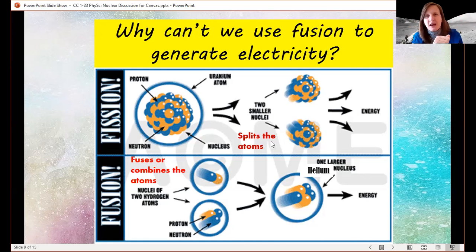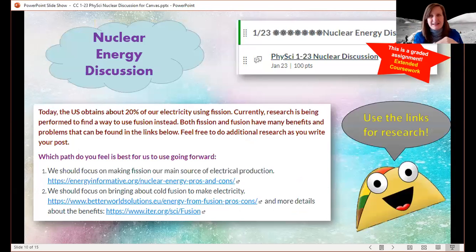And it's just not economical to do here on Earth yet. But if you can figure out how to do fusion at lower temperatures, you will be rich beyond belief, and we will have unlimited electricity forever, clean energy.